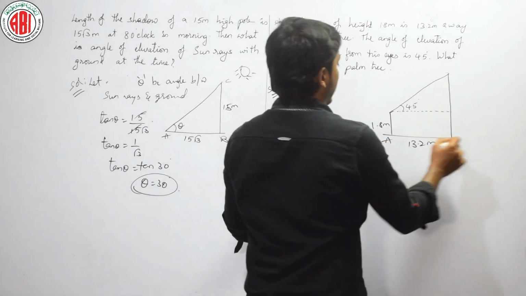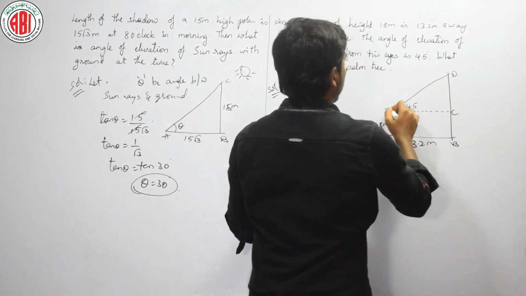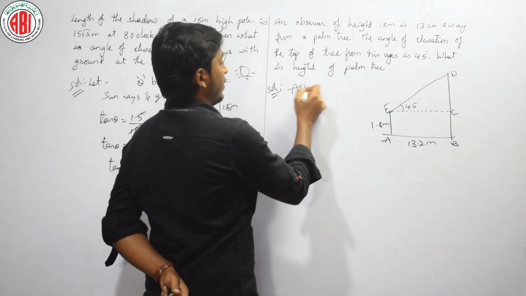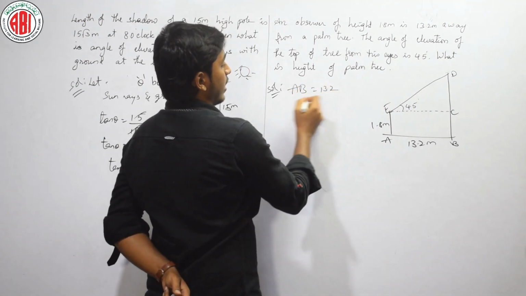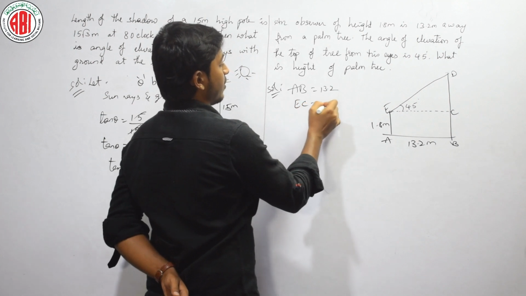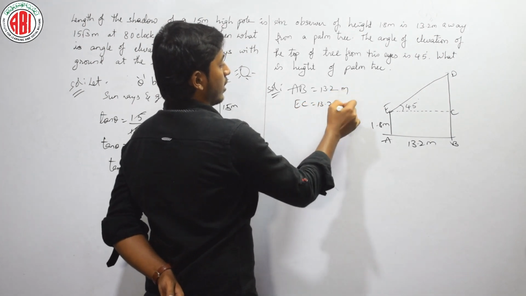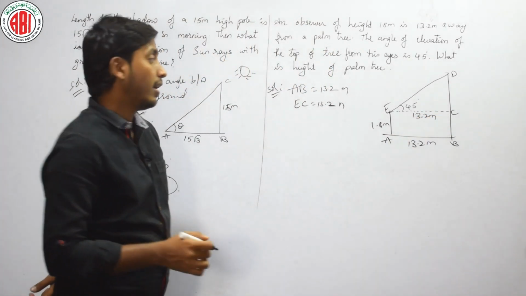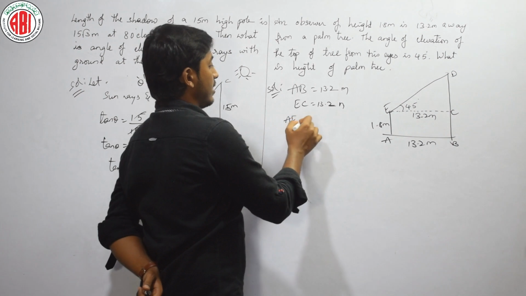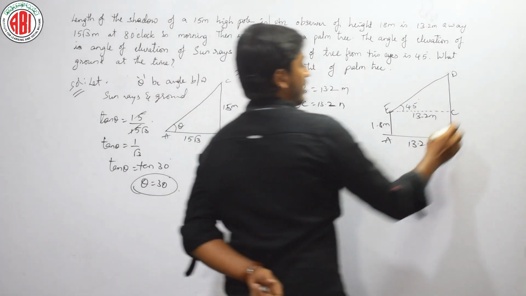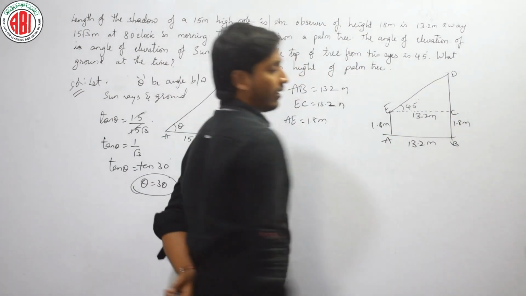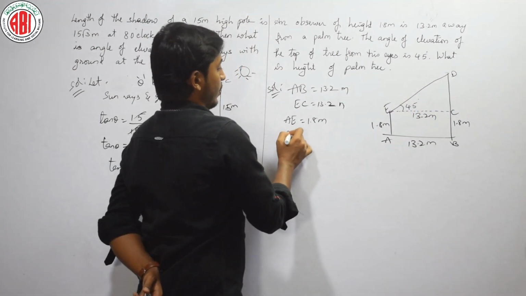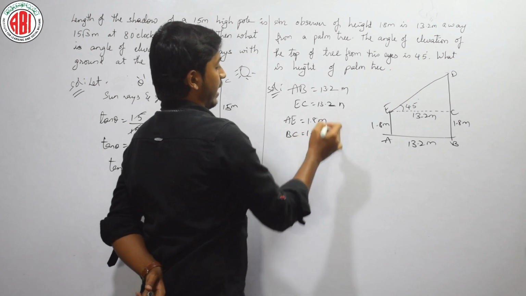Now let us name this CDE. If you observe, AB is 13.2 and EC is also 13.2, right? And AE is 1.8, obviously BC is also 1.8, since it is a parallelogram, because this is 90, this is 90, therefore BC is also 1.8.